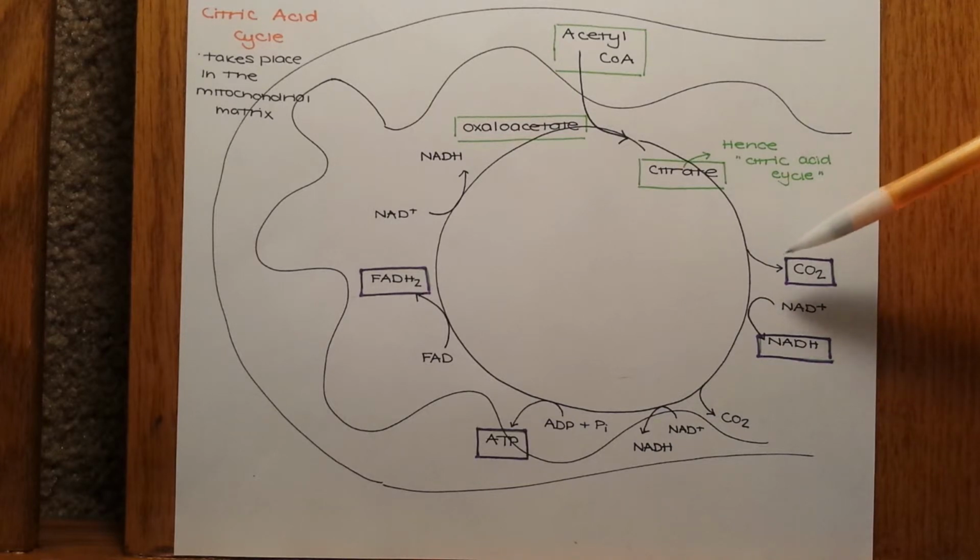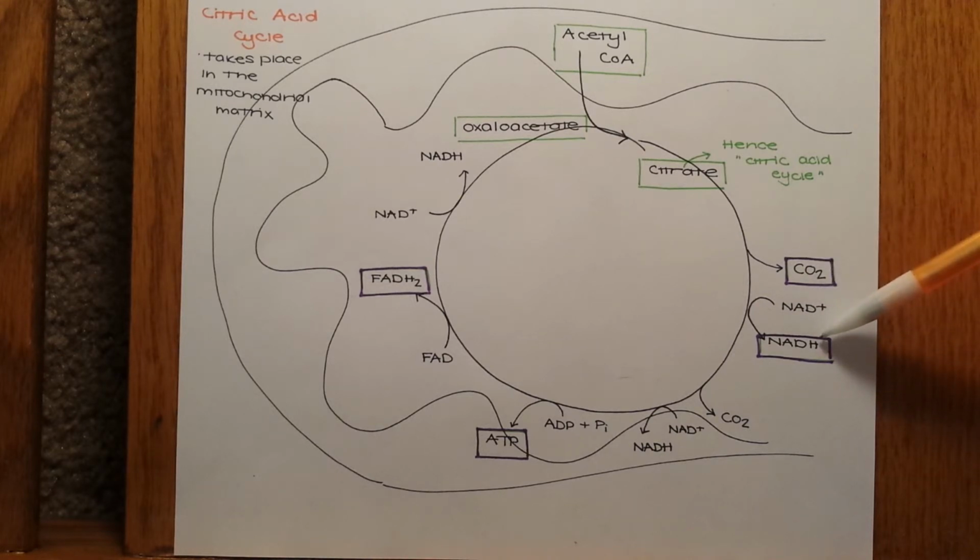So then the only other things I put in here are CO2, because if you remember the cellular respiration equation, we put sugar and oxygen into the process, and we get carbon dioxide, water, and ATP out. So here's one of your products. This product will actually show up in the equation. So then other intermediates that we get out of this step, we get NADH.